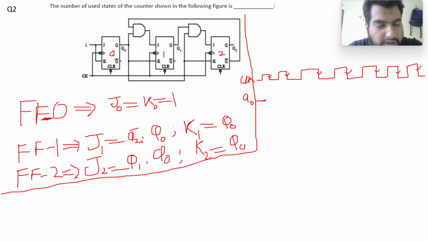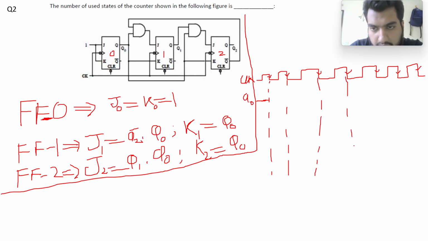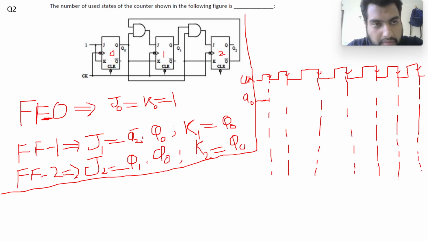Since Q0 is connected to J equal to K equal to 1, it will always toggle at the falling edges.